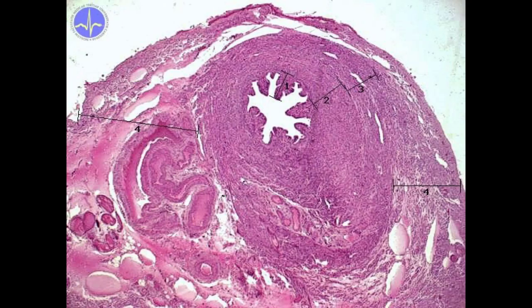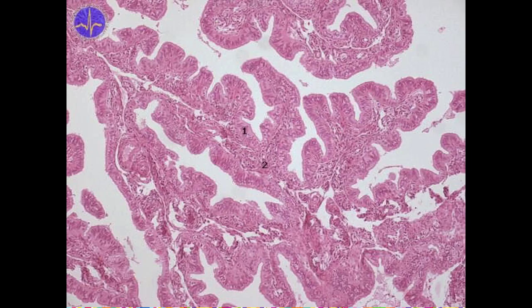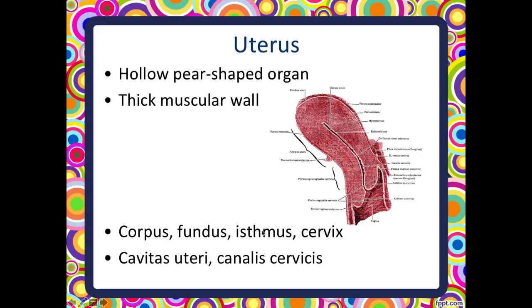Again, this is isthmus, and this is ampulla with highly branched, prominent mucosal folds. You can see one layer of cuboidal epithelium on the surface of the mucosal folds. You can see cilia on the apical surface of these cells, and lamina propria, which creates the core of the mucosal folds.